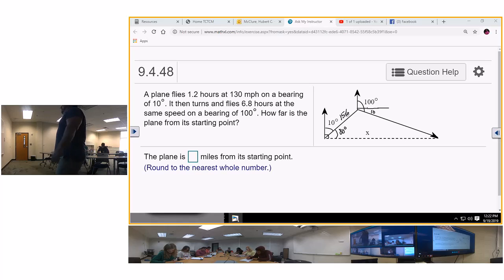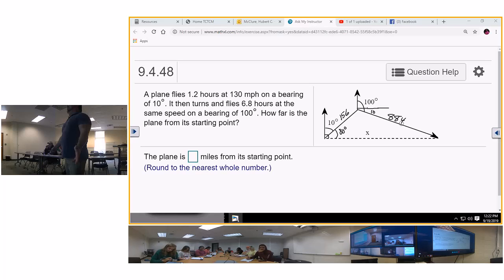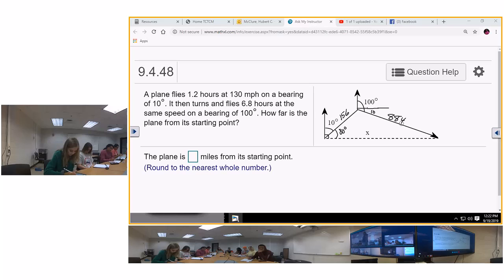Okay, y'all do it. I can't do it in my head. Go ahead. What's the second one? 884. Okay, looks like to me we're getting two sides.